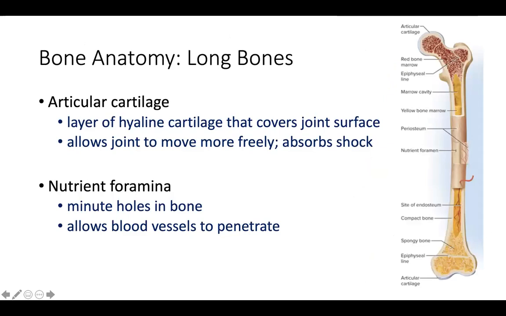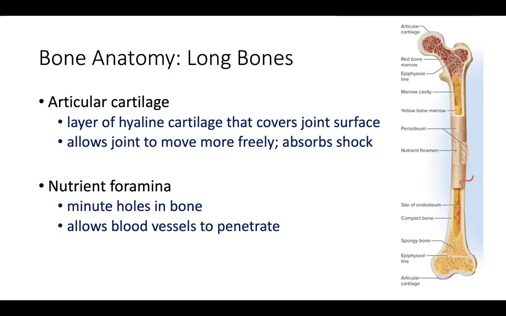In addition to those pieces of the long bone, a couple more important anatomical features of long bones are the articular cartilage and the nutrient foramina. When something articulates with something else, that's indicating some kind of joint. So your femur articulates with your hip bone by plugging in to a socket in your hip bone.